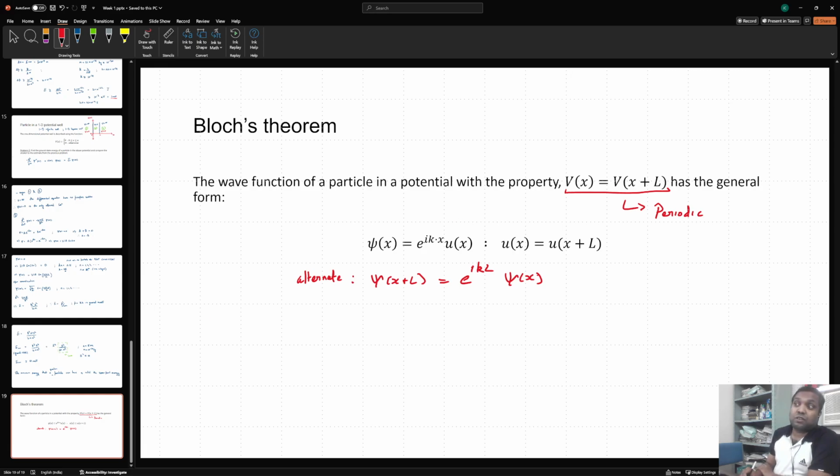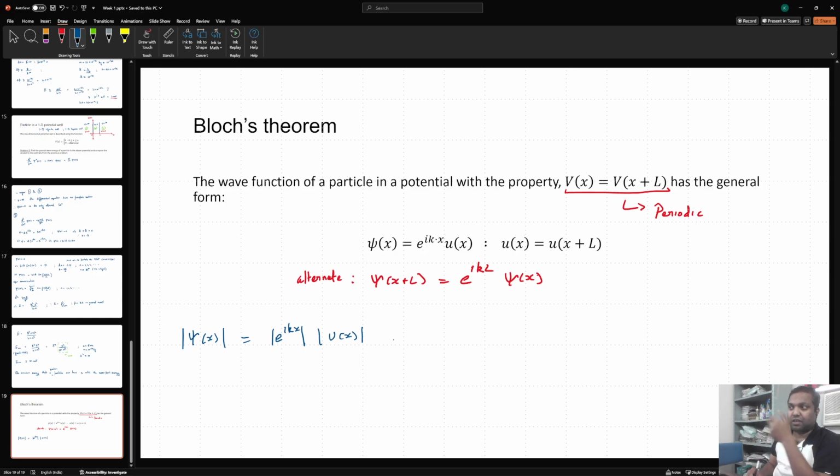Now what is so special about this solution, and why this solution? This actually relates to a very fundamental property of quantum mechanics. Now we know psi of x. Let us try to calculate what mod psi of x is. That is equal to mod e to the power ikx into mod u of x, because mod ab is mod a into mod b.